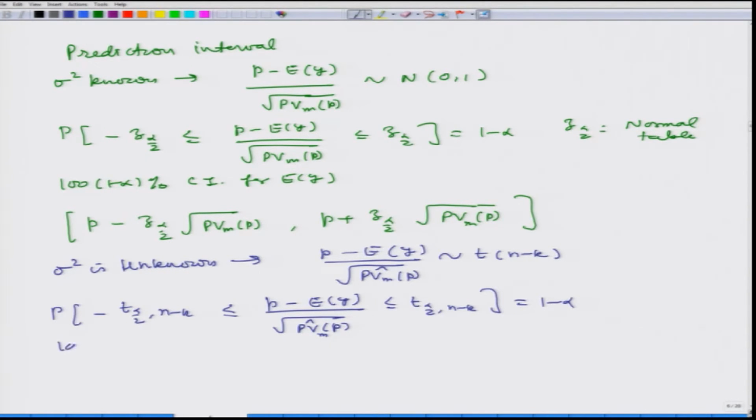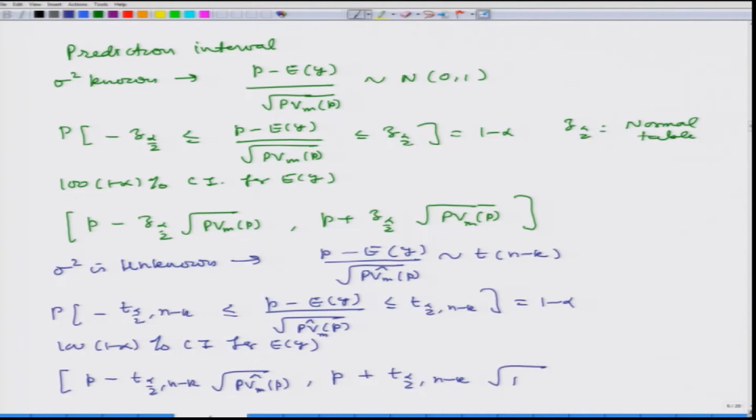Based on that, the 100(1 minus alpha)% confidence interval for expected value of Y is obtained as P minus t alpha by 2, n minus k times standard error of P, and P plus t alpha by 2, n minus k times standard error of PV. So, this is the confidence interval for expected value of Y when sigma square is known and when sigma square is unknown.